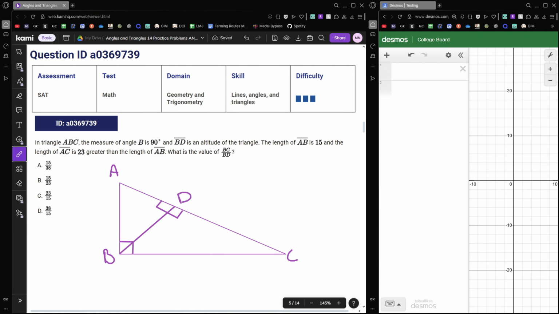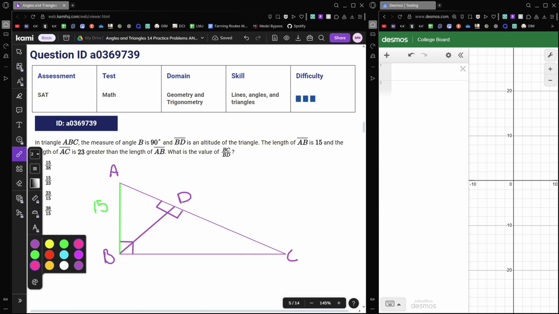The length of line AB is 15, so that means this line right here is 15. And the length of line AC is 23 greater than the length of line AB. So that means this line right here is 15 plus 23, which is 38. What is the value of BC over BD?